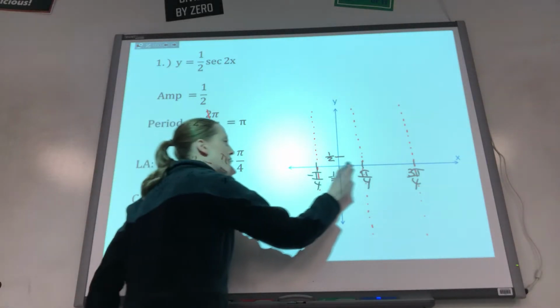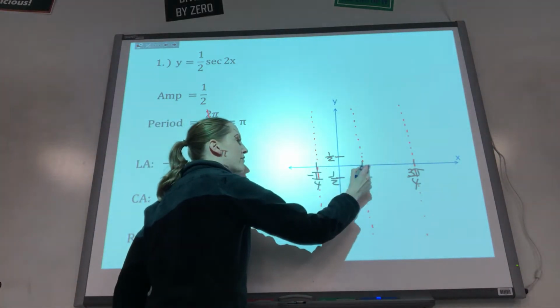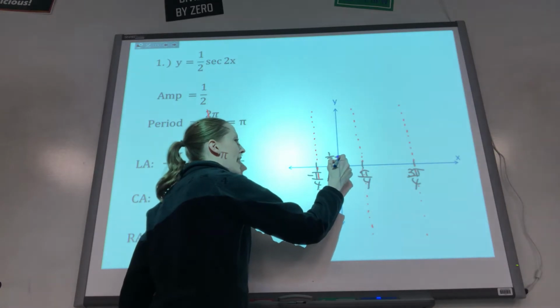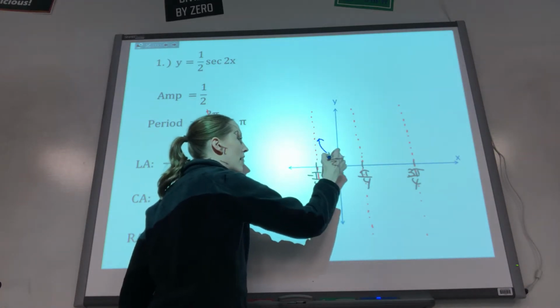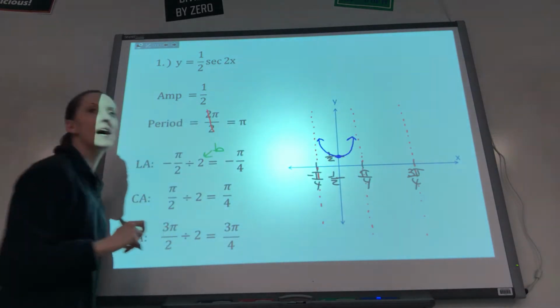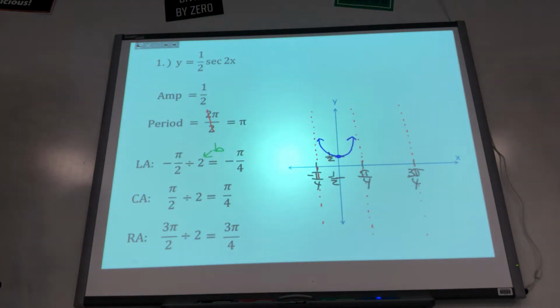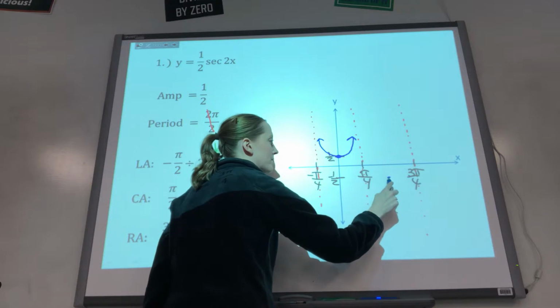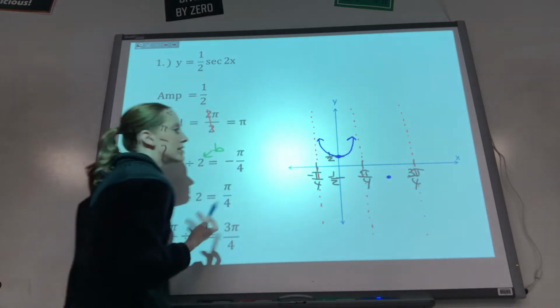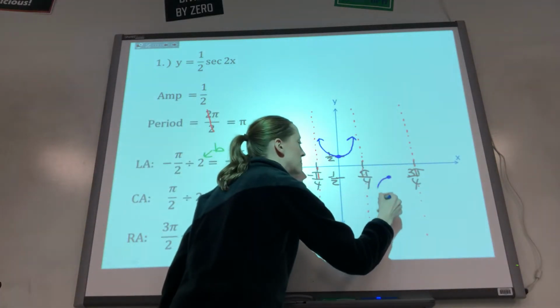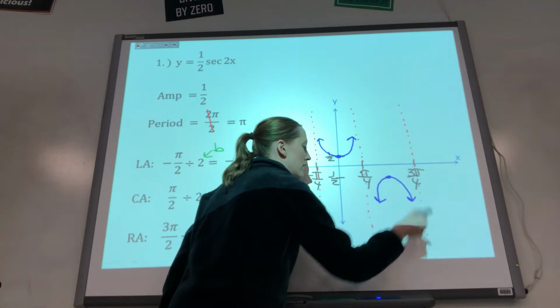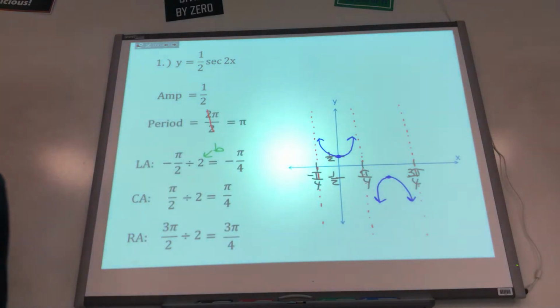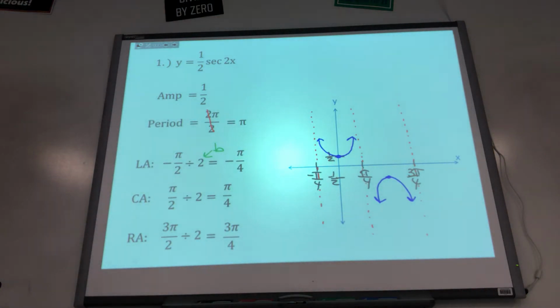I'm going to come halfway between these first asymptotes, and I'll go up to wherever my amplitude tells me. So that's the first chunk of my graph. Halfway between here and down to wherever my amplitude tells me, that would be the second chunk of your graph.